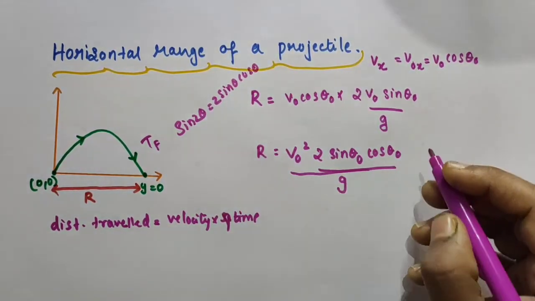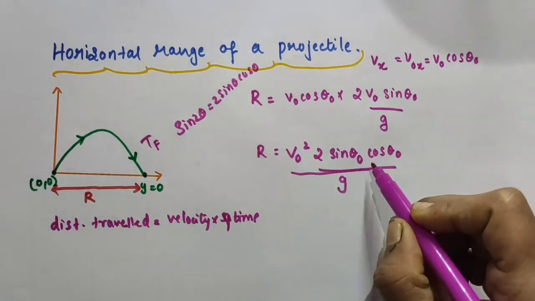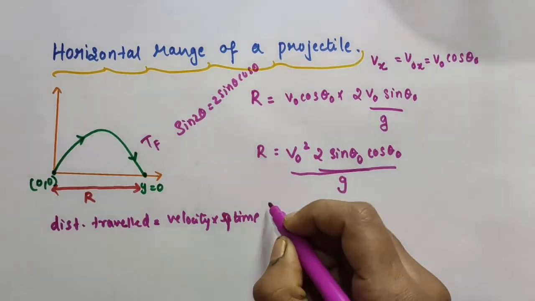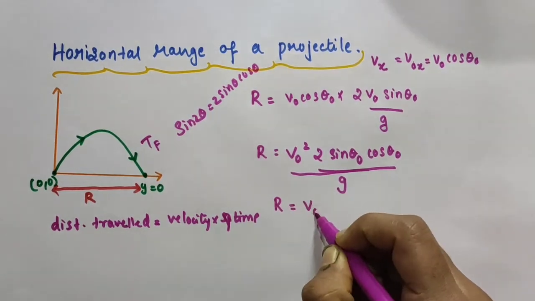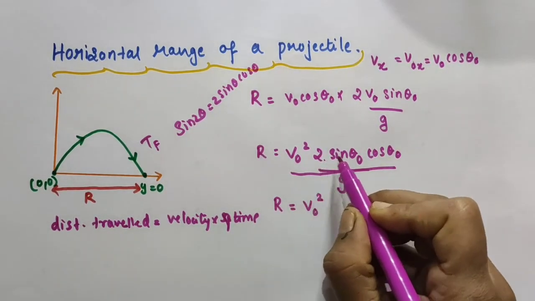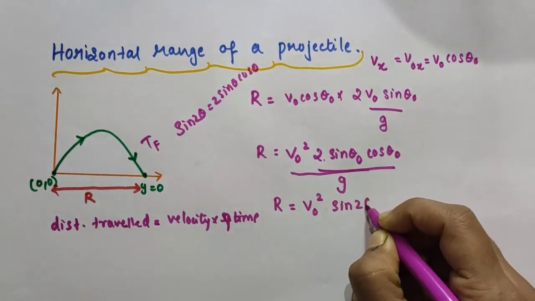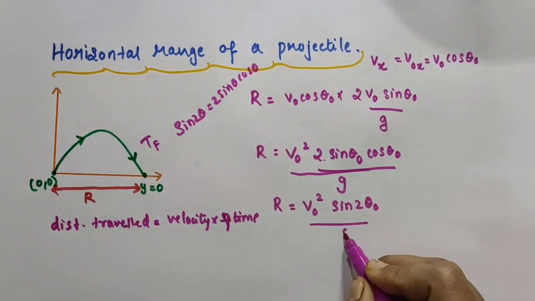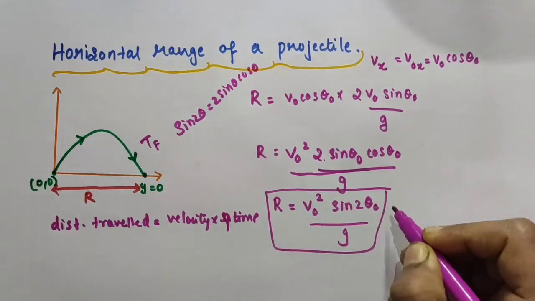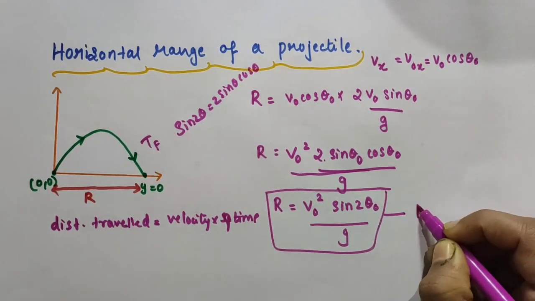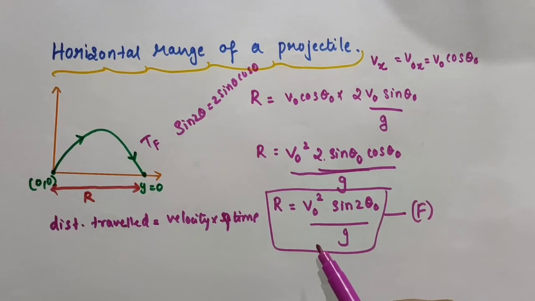So sin 2 theta 0 will be equal to what? 2 sin theta 0 cos theta 0. So this can be written as range R equal to v0 square sin 2 theta 0 divided by g. I'm taking this as expression F, and this is actually the expression for that horizontal distance, that is the range.